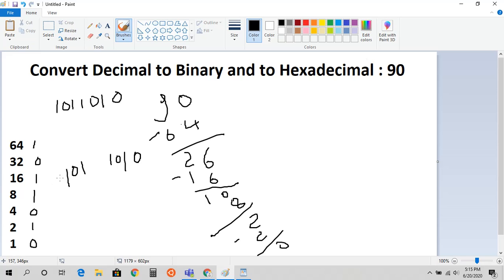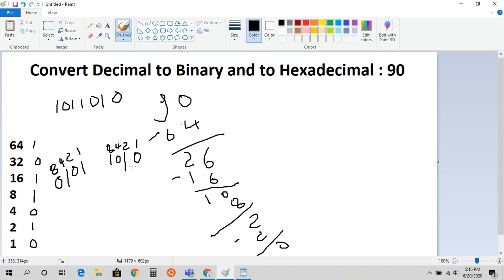If you want, you can add a 0 here to make it all 4. Then under each chunk I write 1, 2, 4, 8 for the place values.